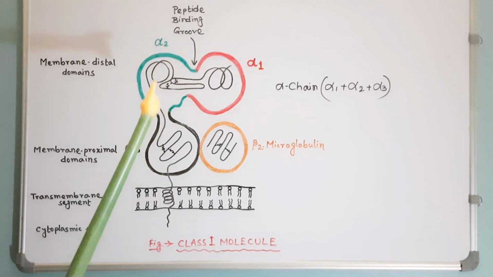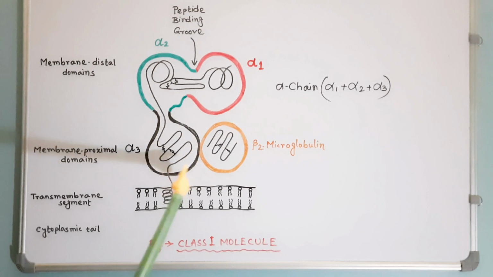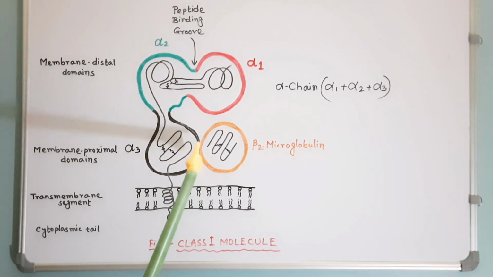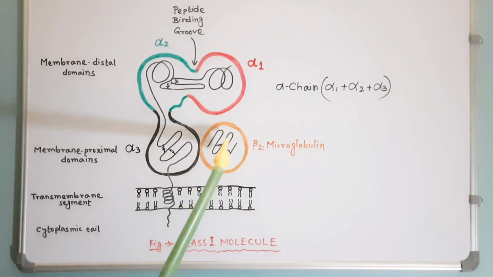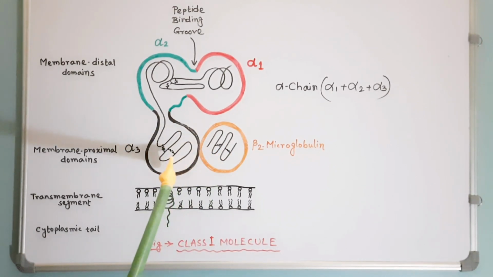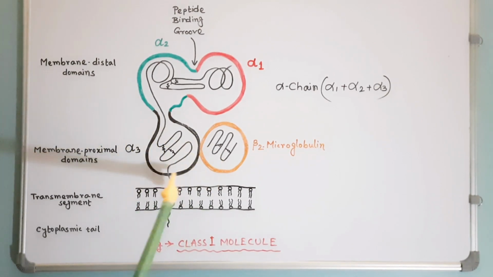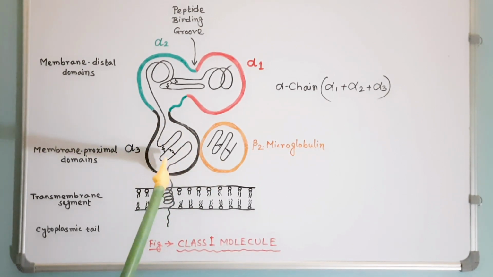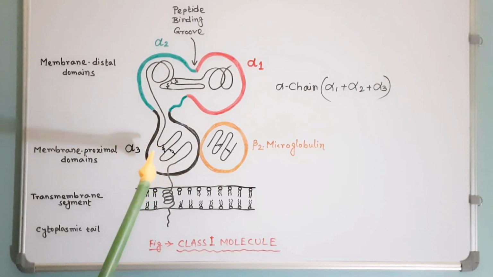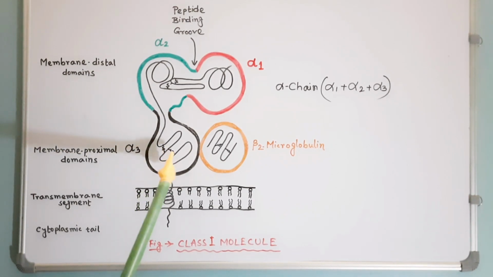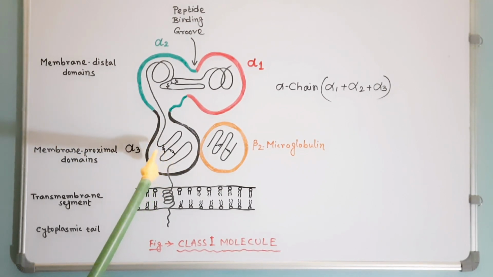The alpha 3 domain and beta 2 microglobulin are organized into two beta pleated sheets each formed by antiparallel beta strands of amino acids. The alpha 3 domain appears to be highly conserved among class I MHC molecules and contains a sequence that interacts strongly with the CD8 cell surface molecule found on cytotoxic T cells.